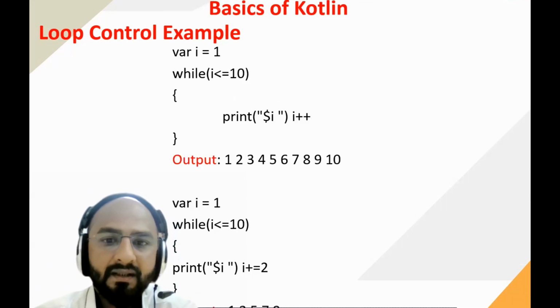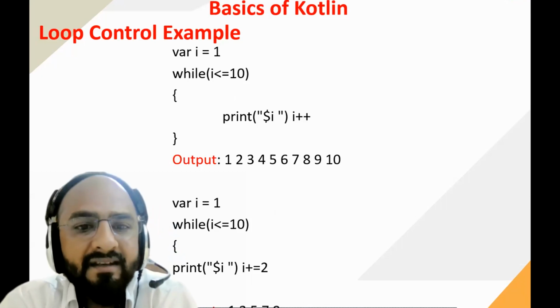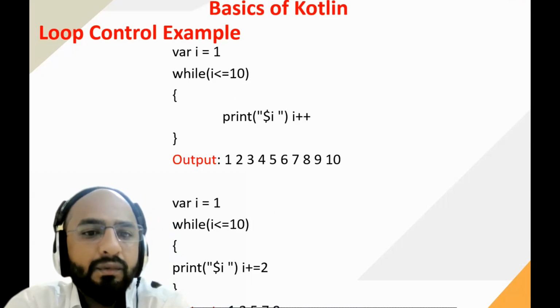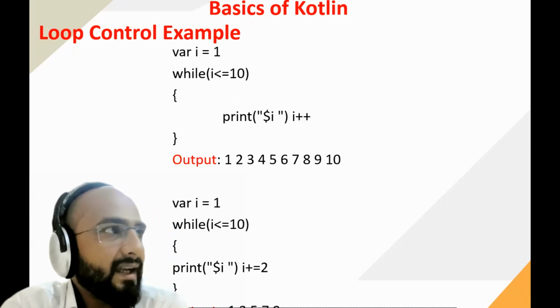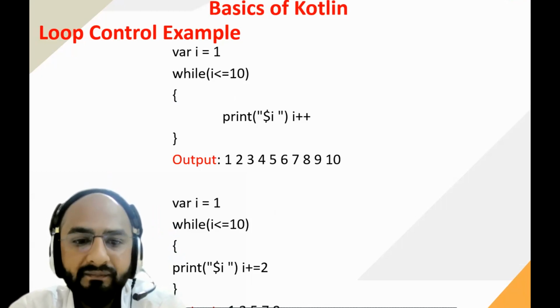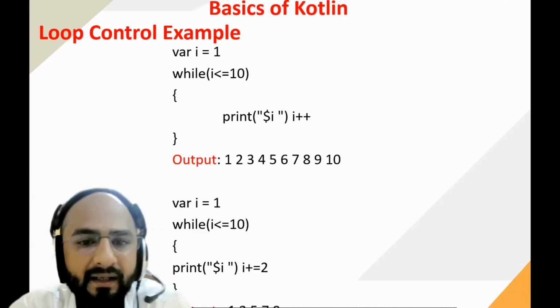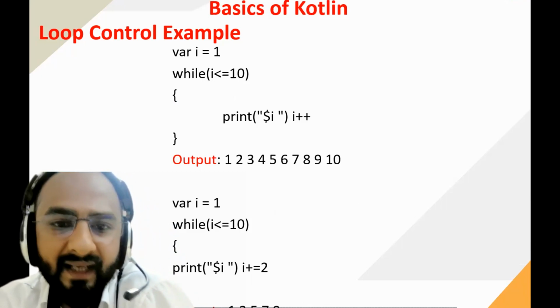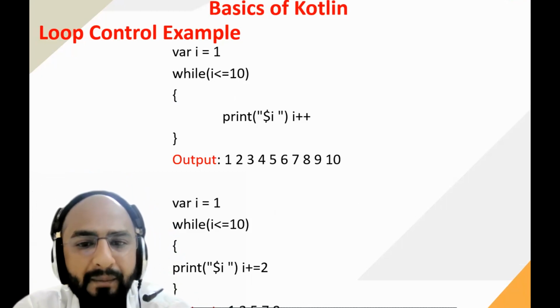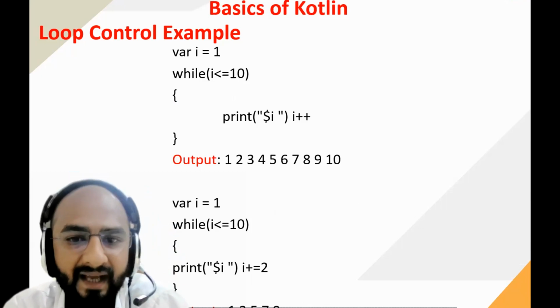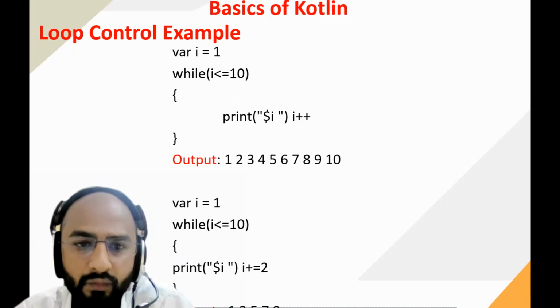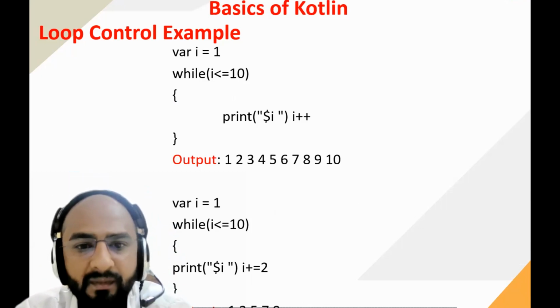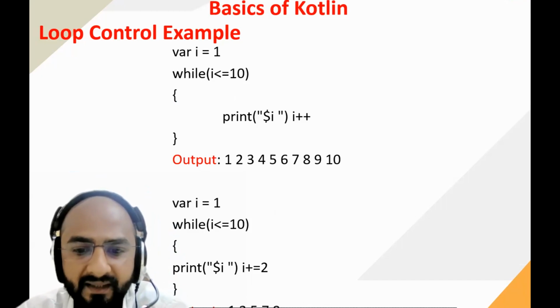Next, there is a while loop also. Variable i equal to 1. I have created a variable named i, and i has a value of 1. And I have created a while loop with i less than or equal to 10. And then in the while loop, I am printing the i value and then i plus plus. So the output of this program will be 1, 2, 3, 4, 5, 6, 7, 8, 9, 10.